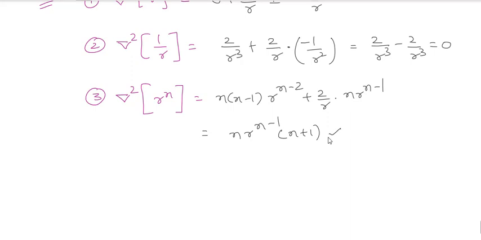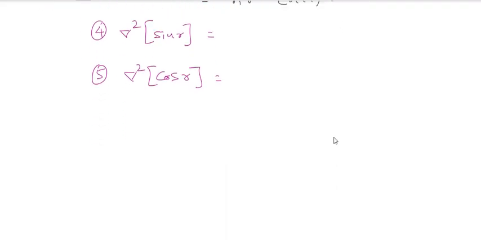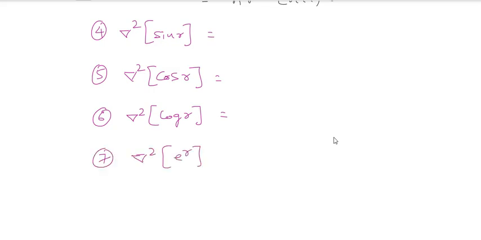Similarly we calculate for all those criteria, which is del square of sin r, right? I am just giving work for you guys, you just try to practice. Del square of cos r, right? Try to solve so that you people will have an idea. Try to solve all this, right? Next, del square of log r. Next, del square of e power r also.